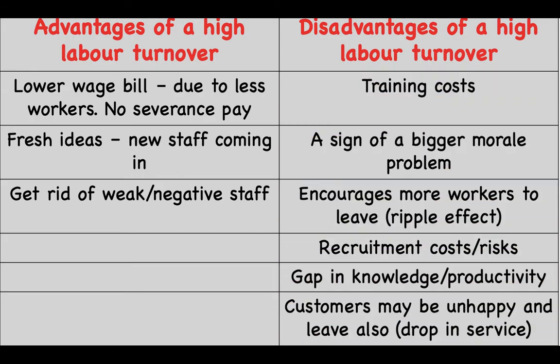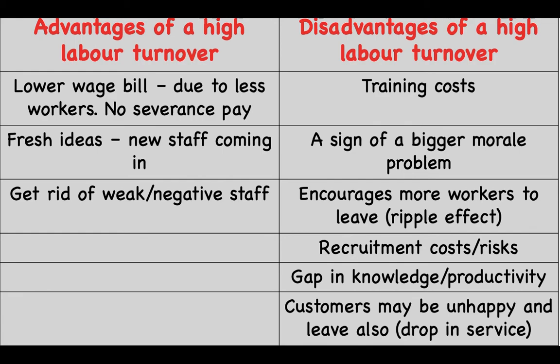So we've got to retrain the workers. Okay, so that's from the simplest thing of induction training all the way through to on-the-job and off-the-job training. It's often a sign of a bigger morale problem and a motivation problem. It can often cause a ripple effect where workers leave and then their friends leave, so then they leave. As we looked at AS level, recruitment is very expensive. We might end up with gaps in our productivity and knowledge.